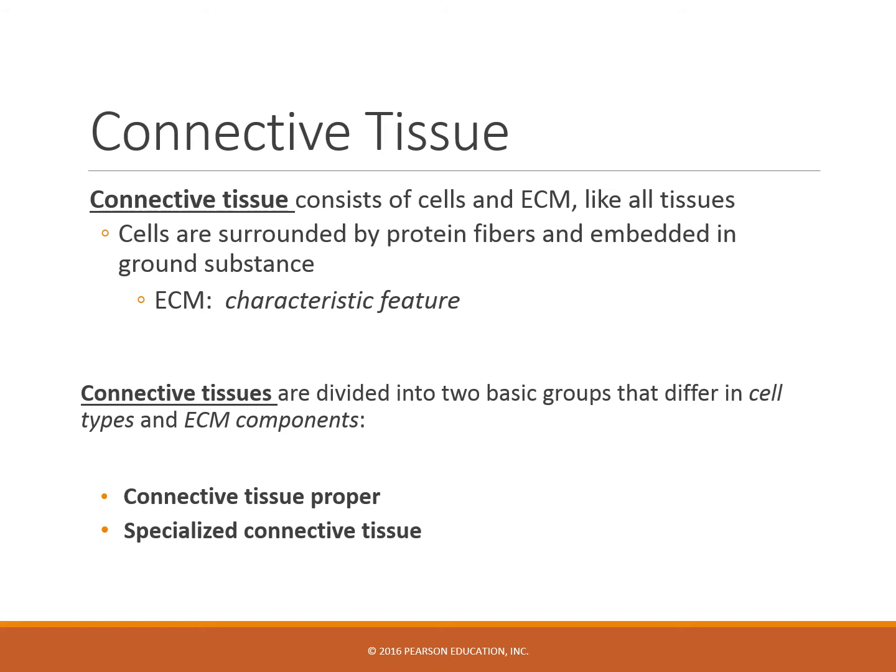Connective tissues are grouped into two categories that differ in the types of cells present and the components or appearance of their ECM. These categories are connective tissue proper and specialized connective tissue. Let's take a look at them individually.